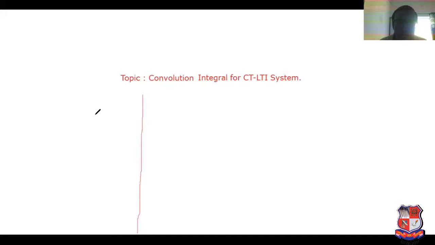Now see, here x of t. See, this is the random signal.